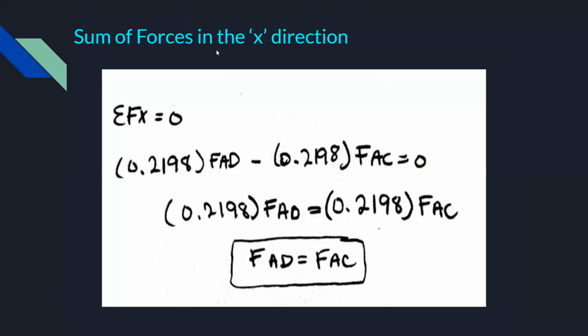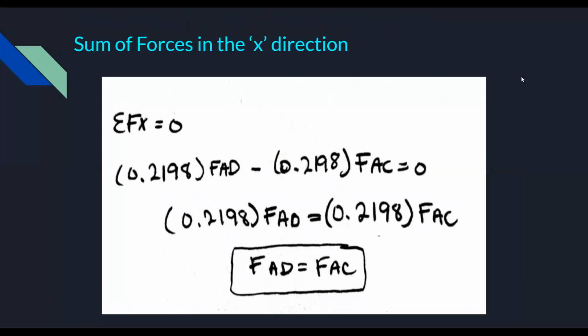For the sum of forces in the X direction, we got 0.2198 FAD minus 0.2198 FAC. We set them equal to each other and found that FAD equals FAC.